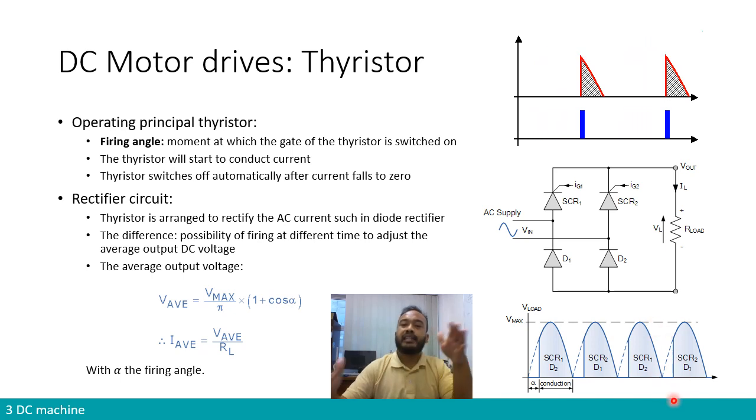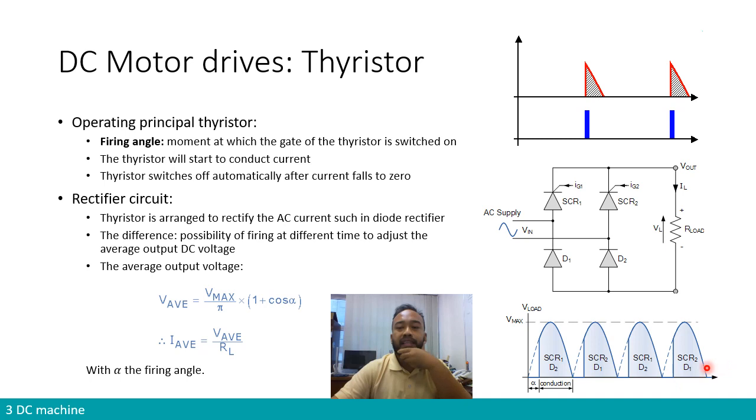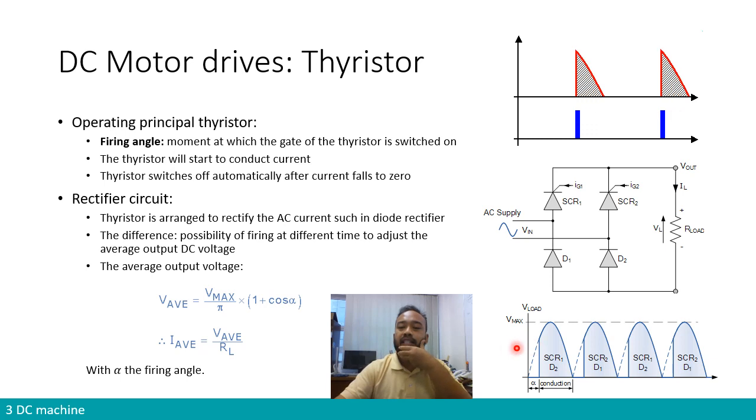But of course, as the frequency is quite high at 50 hertz, from the point of view of the winding of the machine, they may see something like an average voltage. We can average the voltage that is appearing on the output.